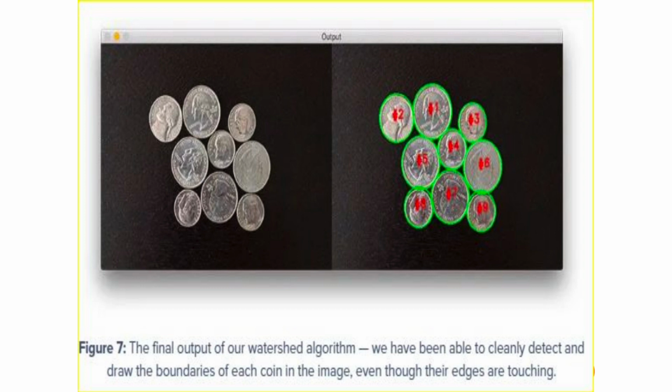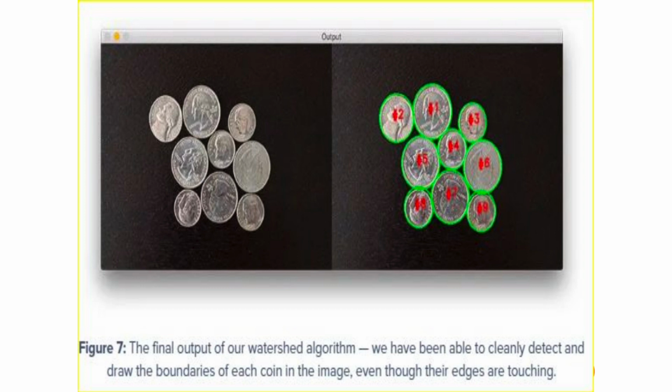In the final image, markers are connected to each and every coin and the watershed lines are shown in green. If you look, each and every coin is covered by green circles, green lines, that are the watershed lines that can detect your coins. Now we have provided each coin with a different number because each coin is a different object.